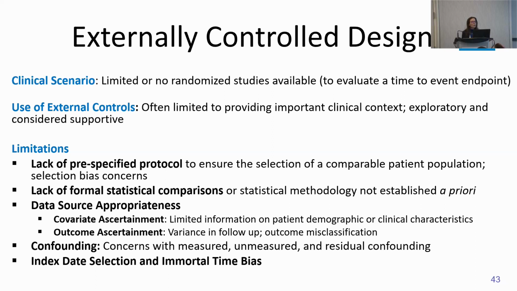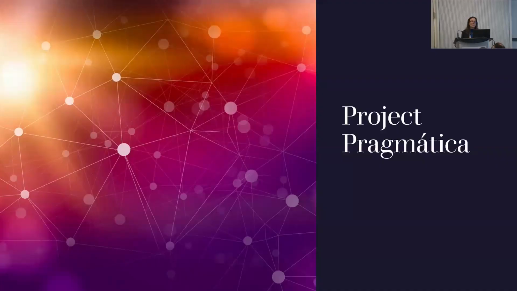Those include the lack of a pre-specified protocol or other issues around lack of formal statistical comparisons, appropriateness of the data source, confounding, which I think everybody noted was an important methodological issue, as well as another very important issue in externally controlled designs that we talk about in the guidance, which is around index date selection and immortal time bias.